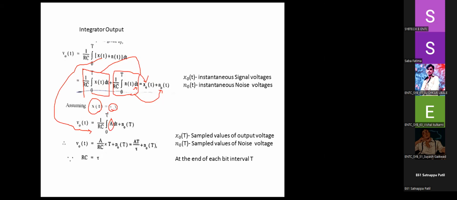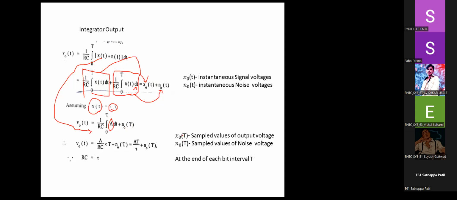After substituting x of t equal to A, we have 1 by RC times the integration from 0 to T, for the bit duration T, of A dt plus n of t.